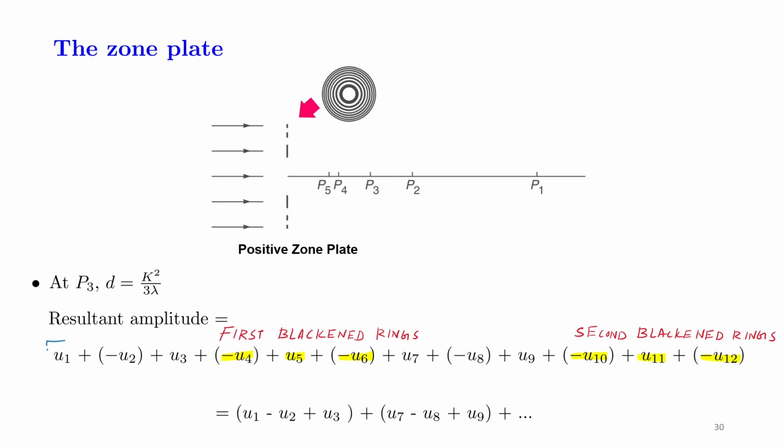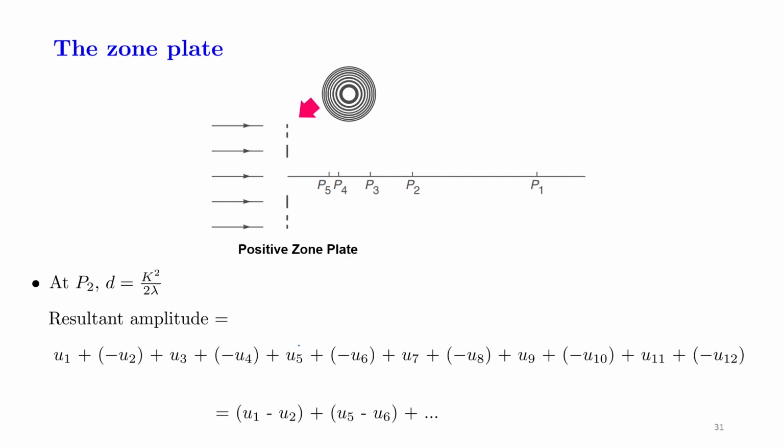That is, we are left with terms u1, minus u2, and u3, and then u7, minus u8, and u9, etc. The terms in the blackened rings are 0, therefore the resultant amplitude is u1 minus u2 plus u3 plus u7 minus u8 plus u9 plus the other terms. So this would again correspond to a maximum, but it would not be as intense as the point P1.